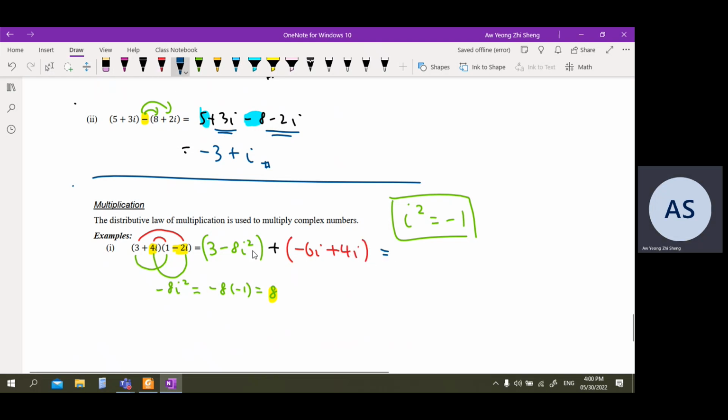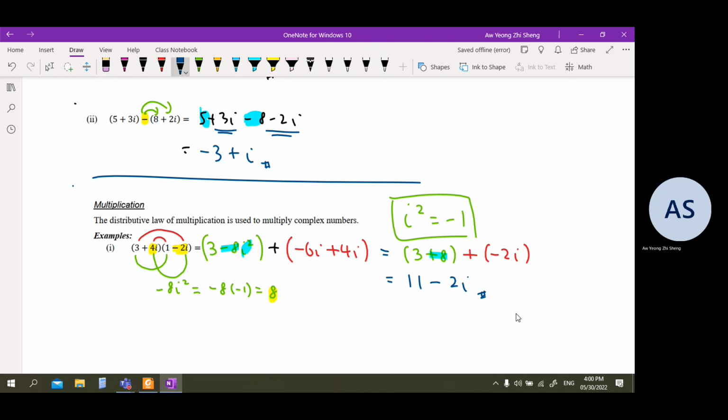So that eventually I get the green color bracket. It becomes 3 plus 8. You can be a bit faster. i squared is negative 1. So minus 8 times minus 1 gives you a plus 8. You are allowed to be a bit faster. 3 plus 8 here, and I have plus with the red term, that will be a negative 2i, so that eventually we get 11 minus 2i.